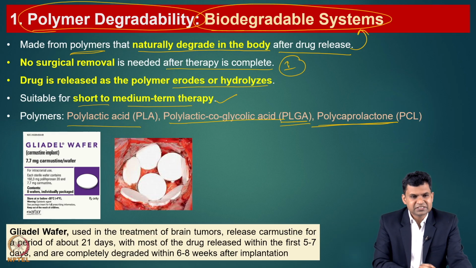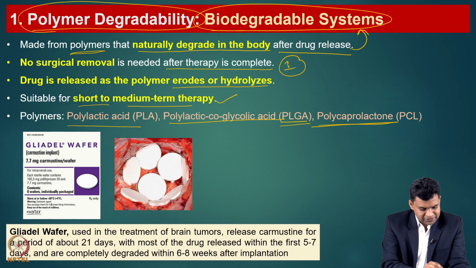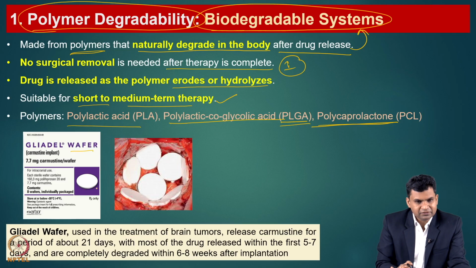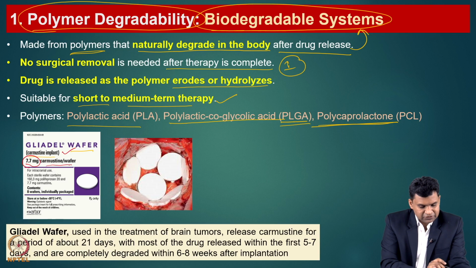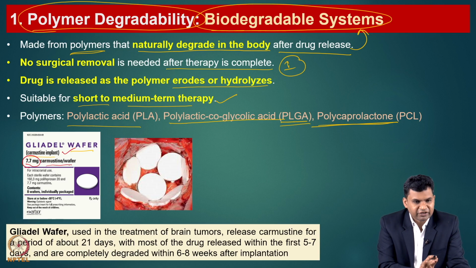Here is one simple example: as we discussed, Gliadel wafers are placed in the brain for the treatment of brain tumors. You can see in the picture the carmustine implant, which contains 7.7 mg of carmustine per wafer.